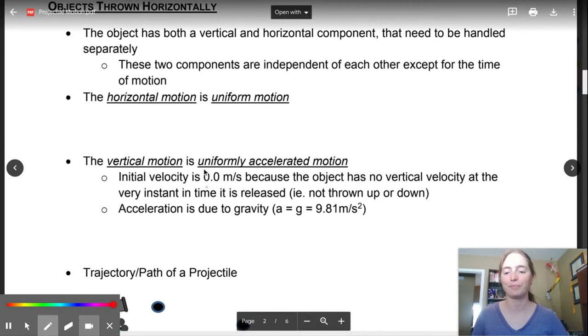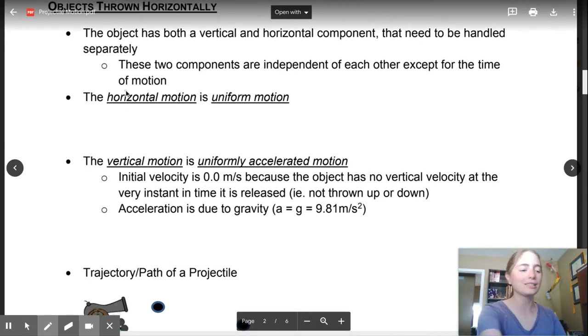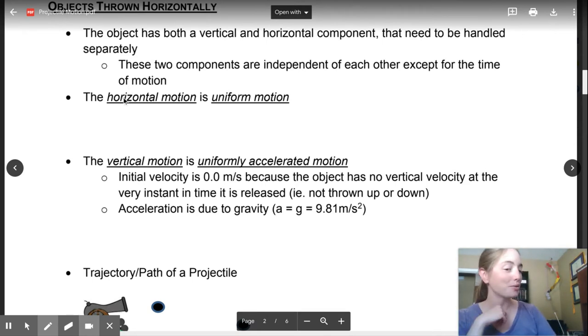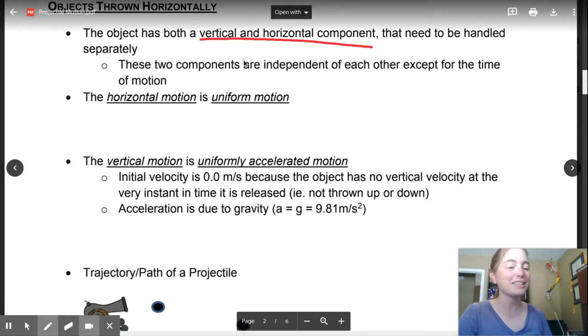All right. So, these guys, like our 2D vectors, both are going to have a vertical and a horizontal component. Now, we're going to have to approach these a little bit differently than we did in the previous lesson, because our motion is now going to be different.